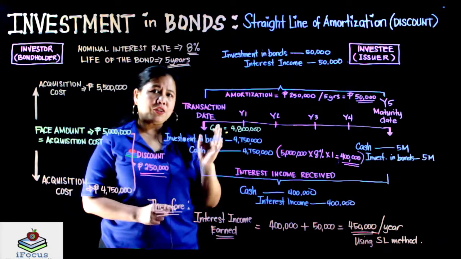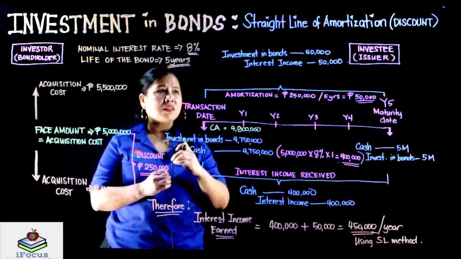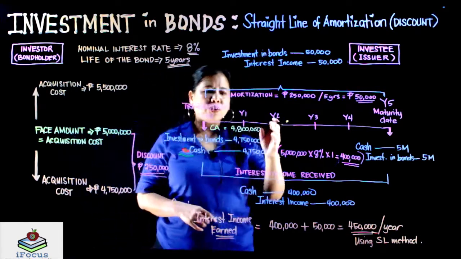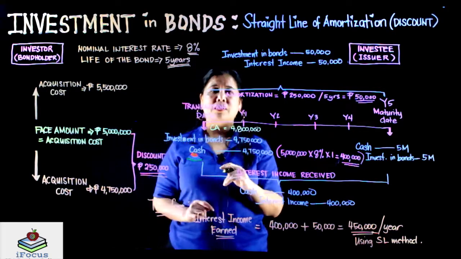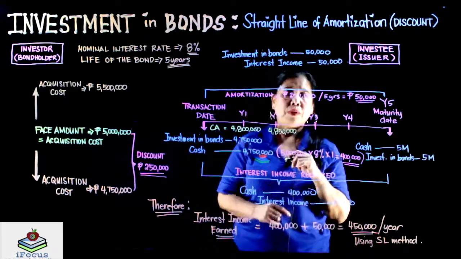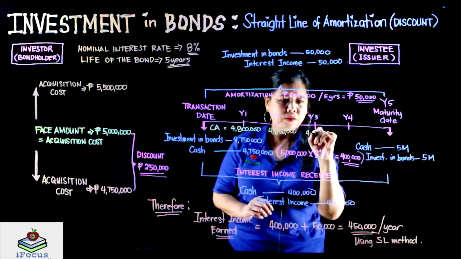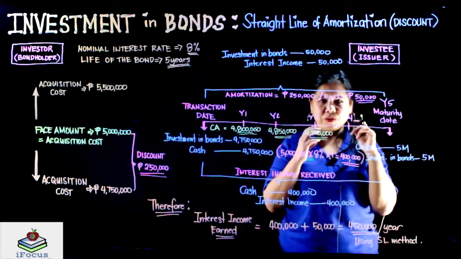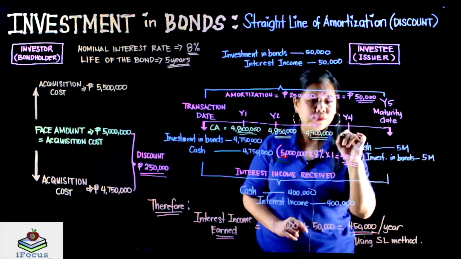Then, pagdating ng year 2, nag-amortize ka ulit ng 50,000. Ang ibig sabihin, dinagdag mo ulit. So, sa year 2, ang magiging carrying amount mo ng iyong investment in bonds ay 4,850,000. Pagdating ng year 3, magiging 4,900,000. Pagdating ng year 4, magiging 4,950,000 na siya.